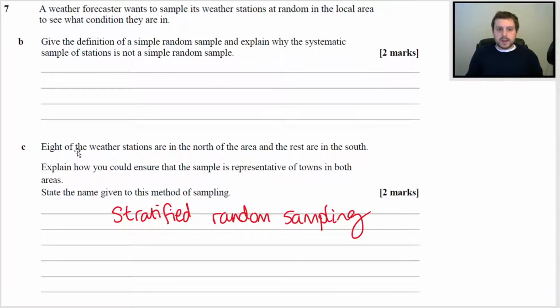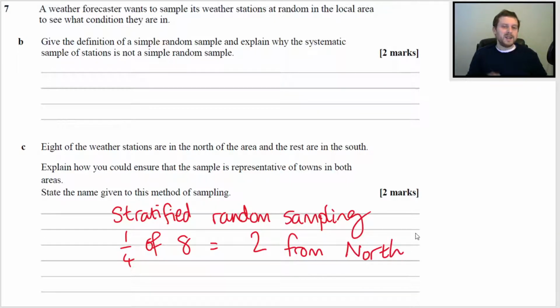So we've got 8 and 12, which means we want it to be proportional. So we're going to need a quarter. Remember, it was a quarter of 8. We're going to need 2 from the north, and this is where some people missed out on the second mark here. It's not a particularly nice question. You would get much more precisely written questions in the actual exam. You needed to say how many from the north and from the south you would need. A quarter of 12 would be 3 from the south.